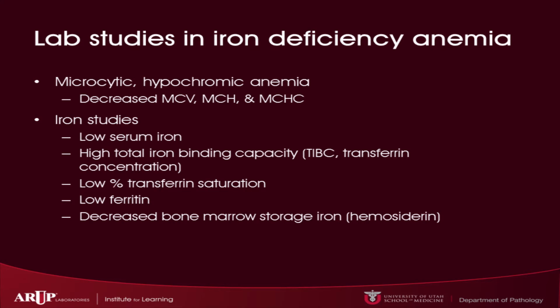In all the other differential diagnoses like thalassemias or anemia of chronic disorders, bone marrow iron is either normal or increased. So that's one of the gold standards for iron deficiency anemia. But 95 or 97% of the time it's not really required to do a bone marrow. The other serum markers would be helpful to distinguish between those differential diagnoses.